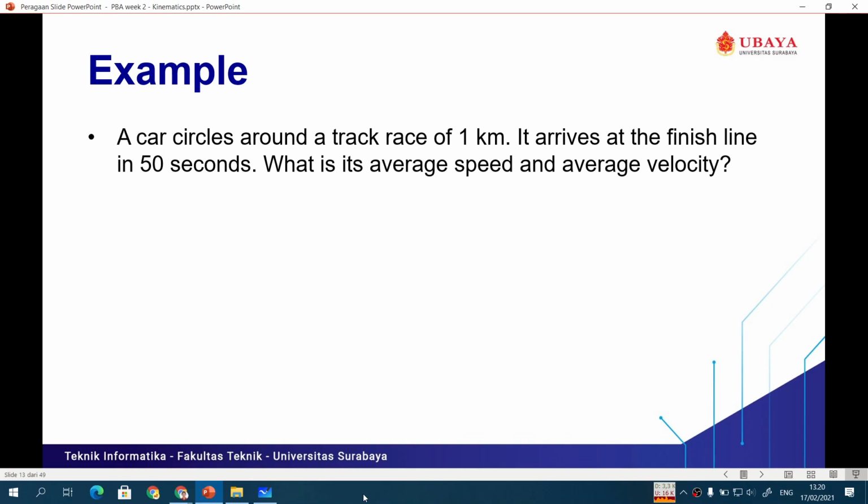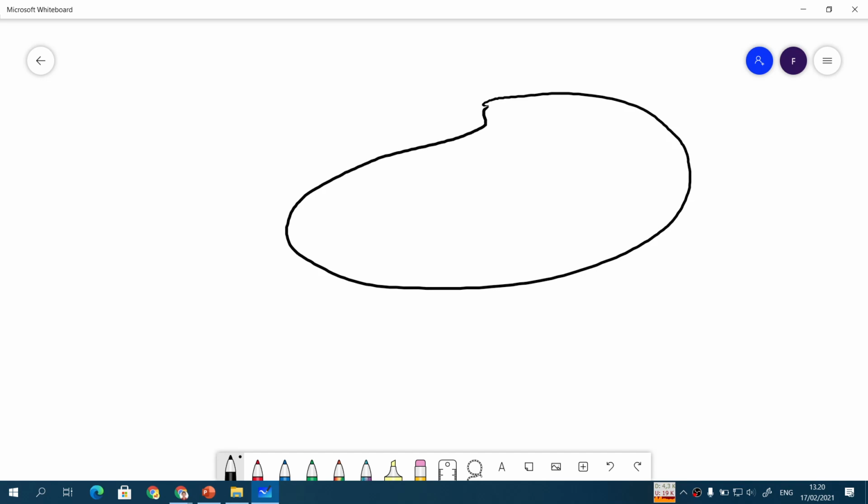Okay, so if I illustrate the movement of this car, let me draw it here. Let's say I have a circular track like this. Oops, sorry. Please assume that it is a perfect circle. Let's say the start line and finish line are over here. I have a car, let me draw it using another color.